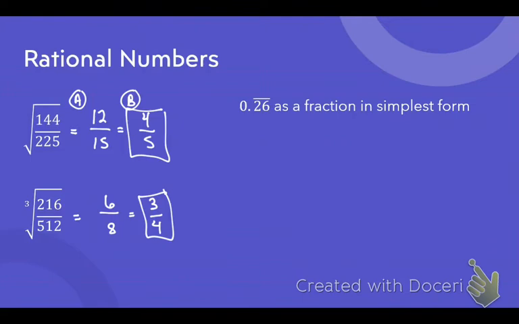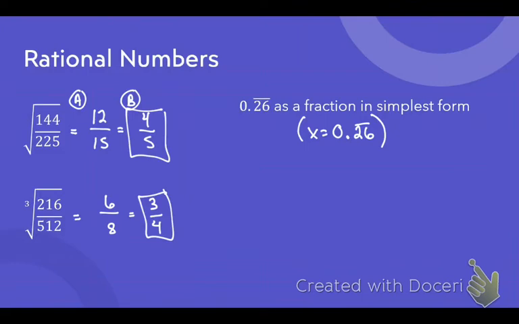Okay, does anybody remember step 1 for converting a repeating decimal to a fraction? Step 1 says make it equal to x. X equals 0.26 repeating. Step 2 says multiply the entire equation by the equivalent power of 10 to how many repeating digits there are.